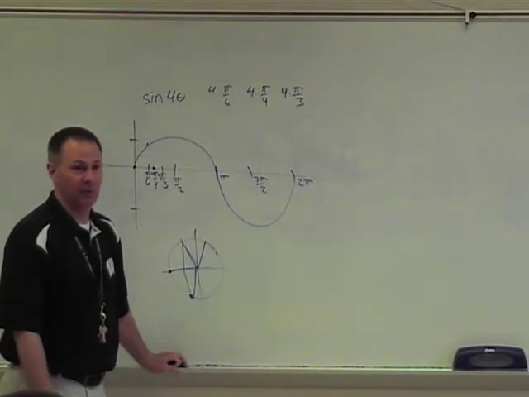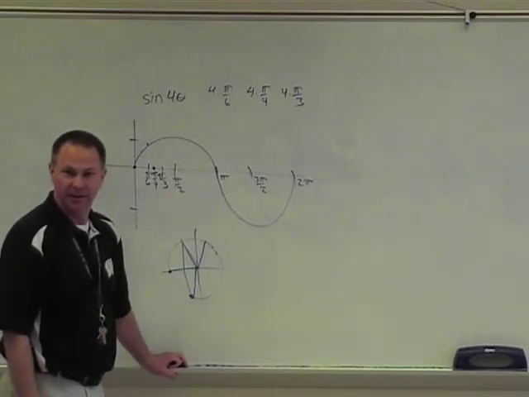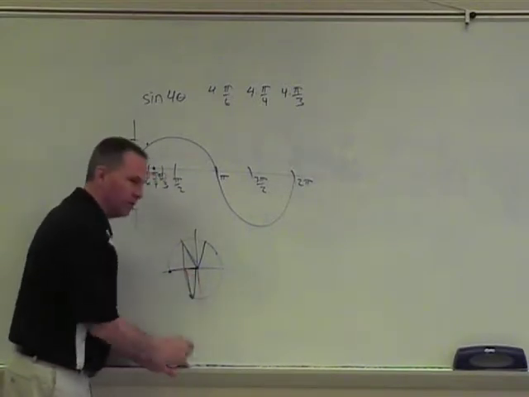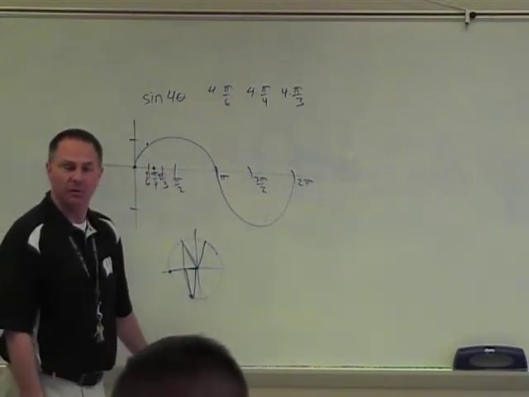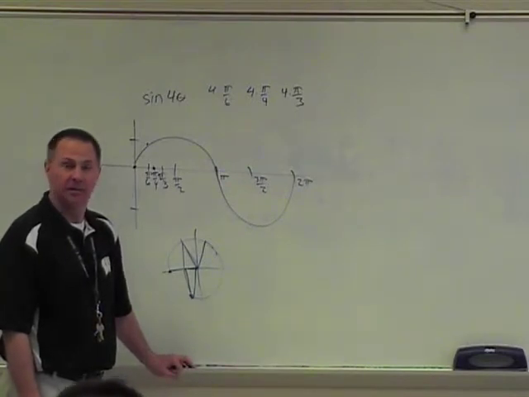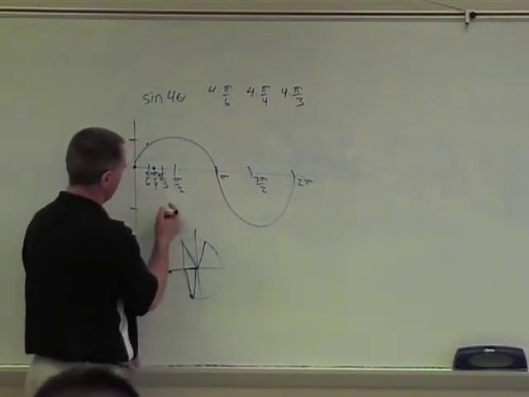I'll wait. Figure it out. It's on the board. There's a triangle here, short leg and a long leg. What is the y value? Negative 0.87. So at pi over 3, we're down here.